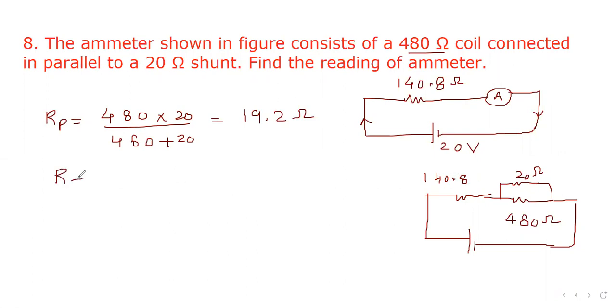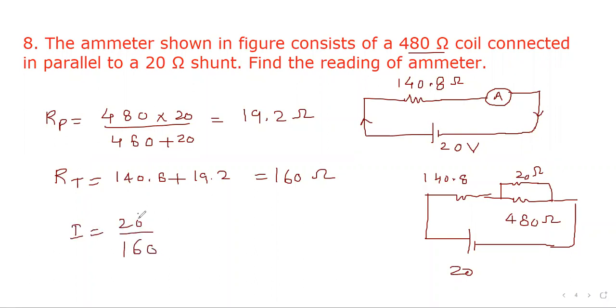So our total will be equal to 140.8 plus 19.2, that will be equal to 160 ohm. Now, V equals IR we apply. So I will be equal to 20 divided by 160, which is 0.125 ampere.